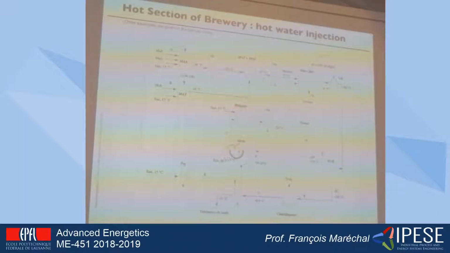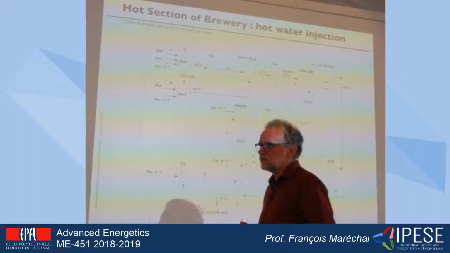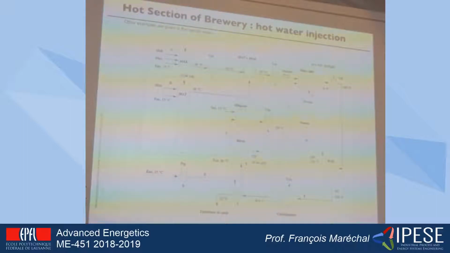Something which is also interesting to mention is that this tank that is used here is preheated. So it means that they recover the heat from the hot wort here, to preheat here the water that will be used as well. And the question is, how do we define the hot and cold streams in the system?